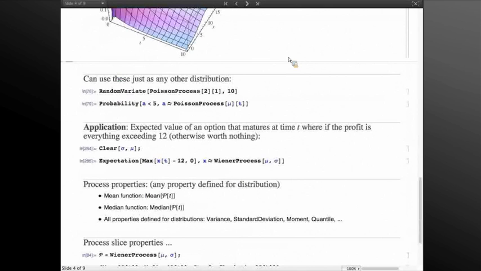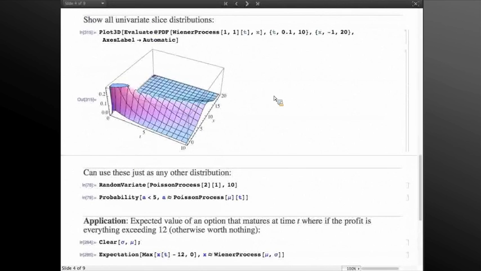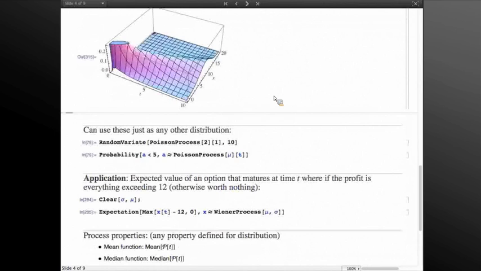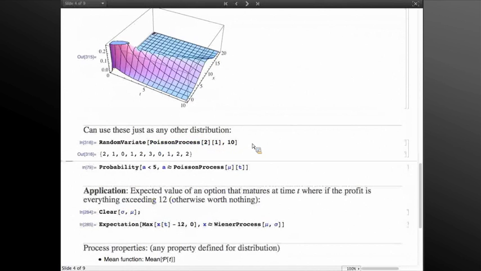Now, the fact that you get a distribution out or a random variable out when you slice means that you have a way to connect it to random variables and distributions, and everything that you expect to work does work. So these are perfectly good random variables. So here's a Poisson distribution. I've sliced it at 1, and now I can use that to simulate, to generate random numbers.